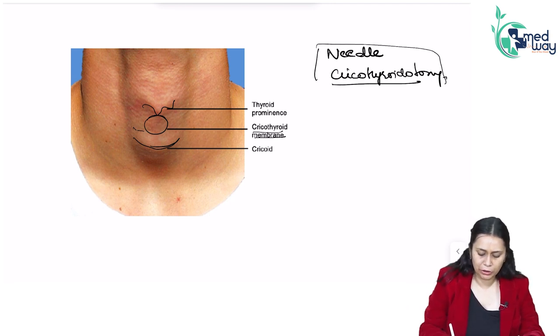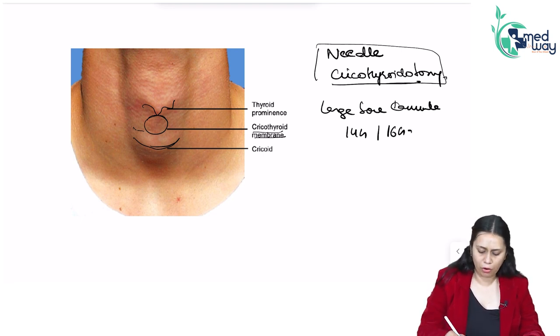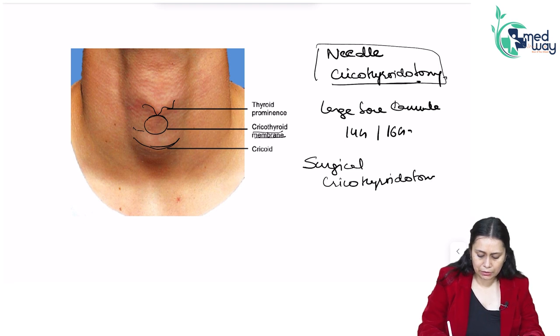So that is called needle cricothyroidotomy with a large bore cannula, the largest bore cannula which you have, like your 14 gauge or 16 gauge. Then we can also go for surgical cricothyroidotomy, or we call it tube cricothyroidotomy.